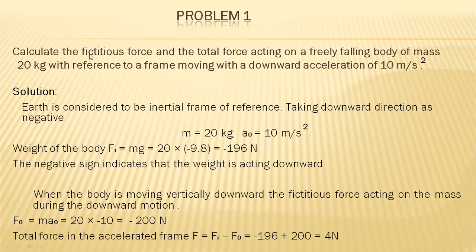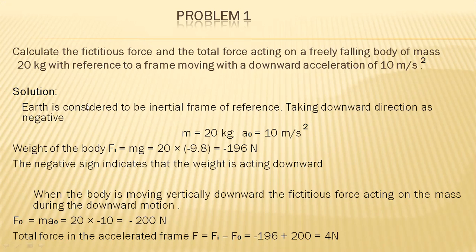Here I have to calculate the fictitious force as well as the total force acting on a freely falling body of mass 20 kg, and the reference frame is moving with a downward acceleration of 10 meters per second square.